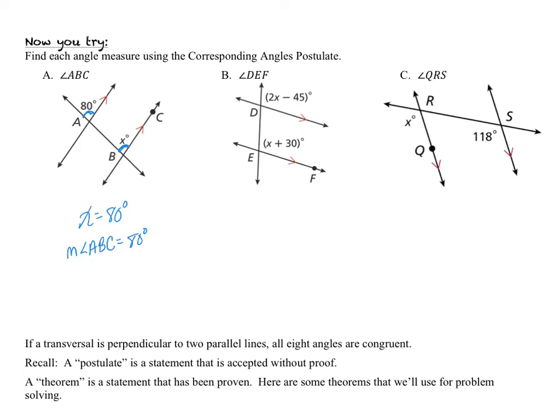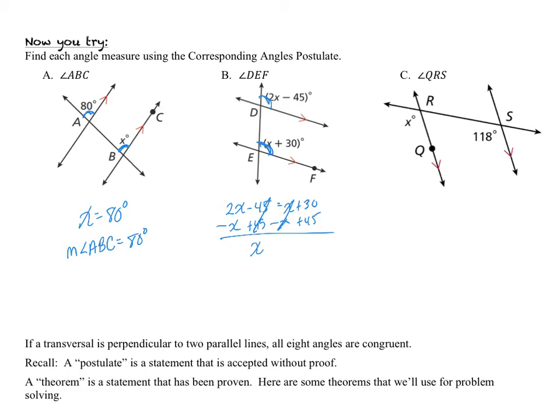Okay, angle DEF. Well, DEF is right here, and that's corresponding with angle D. I don't have enough letters to name that. So what I would do then is set these equal to each other since they are equal. Subtract x from both sides, add 45 to both sides. I just did that at the same time to save a step.